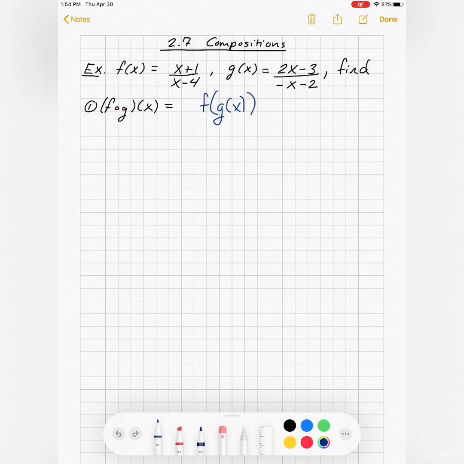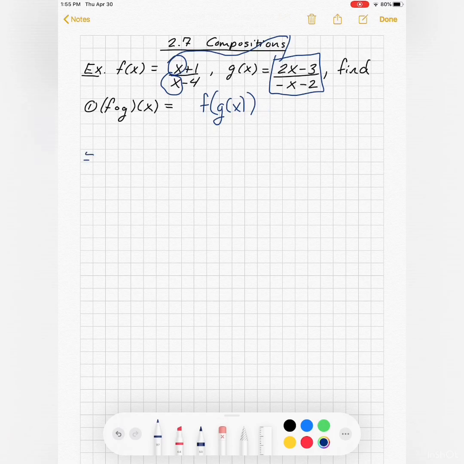Okay, so now I'm going to take the g of x function and I'm going to substitute that into the f of x function. So that means wherever I see the x's here, I'm going to replace those with that g of x.